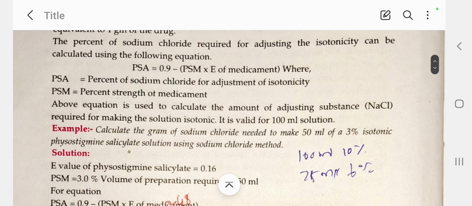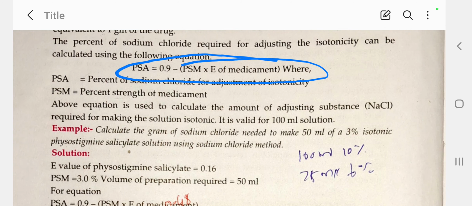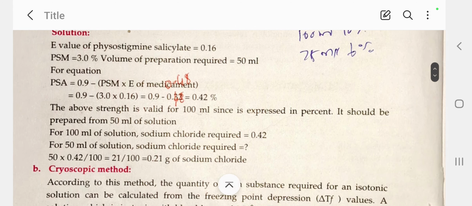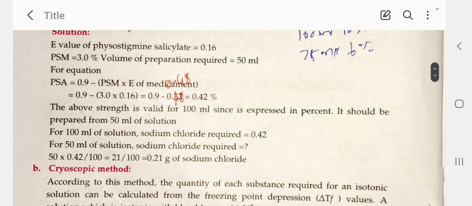The strength we calculated using this equation is only valid for 100 ml, but in our calculation they mention to make 50 ml. So we have to divide by 2 to get the answer for 50 ml of 3% isotonic solution.